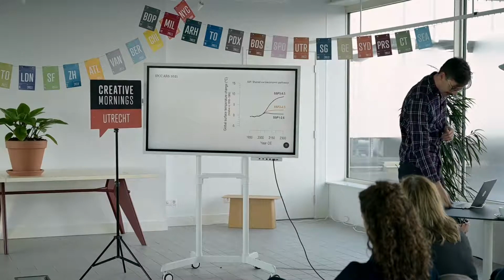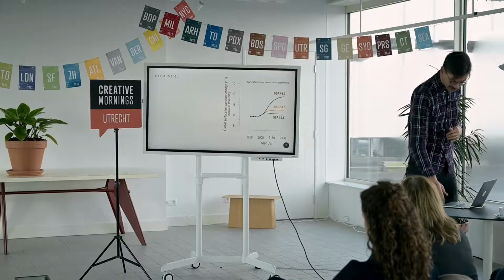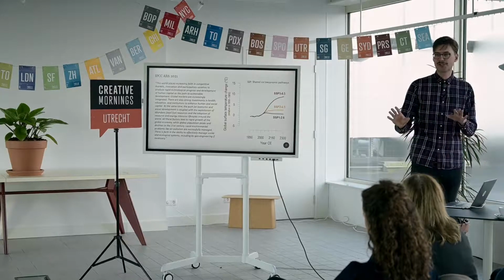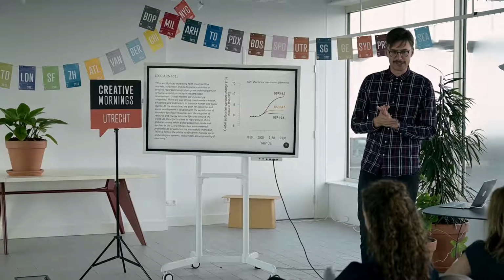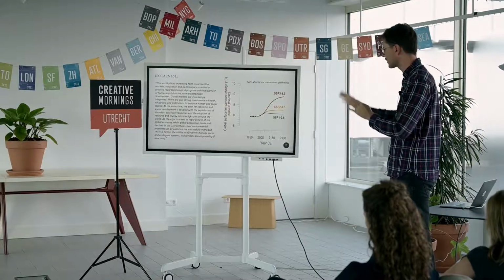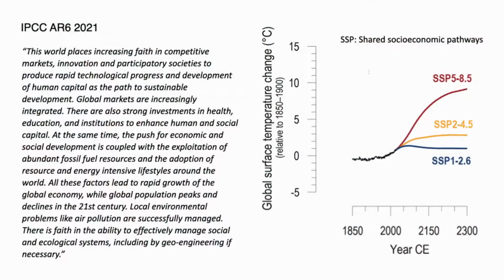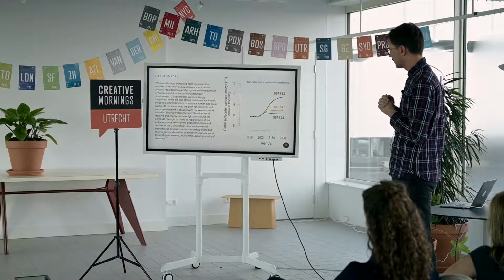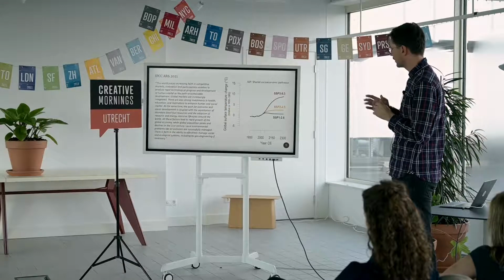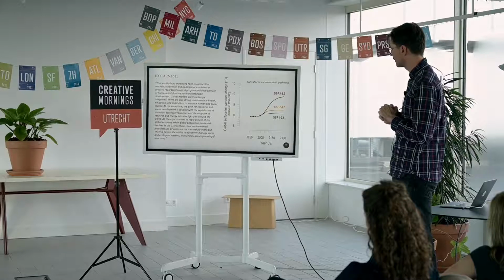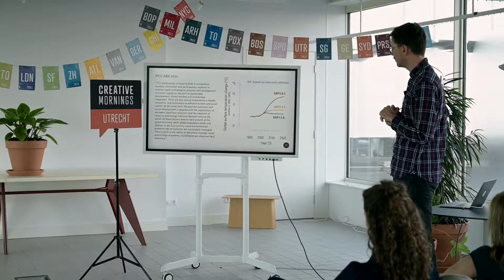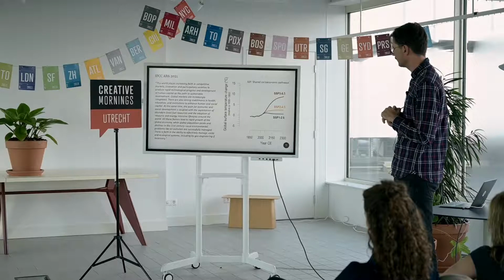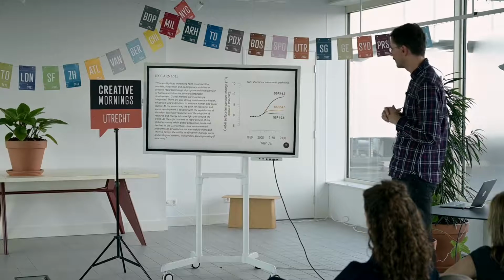There's a little bit of text that I'd like to read, and you can guess which narrative, which scenario this one is. So this is one of those socioeconomic pathways. In this particular pathway, the world places increasing faith in competitive markets, innovation, and participatory societies to produce rapid technological progress and development of human capital as the path to sustainable development.